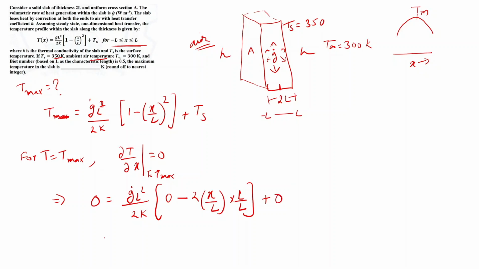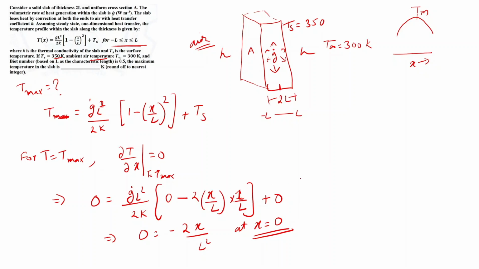Okay, so here we will get 0 equal to minus 2x upon L square. Since we know that length is a finite term and it is not equal to 0, this equation will only be satisfied at x equal to 0. So yes, from here we can see that at the center the temperature will be maximum.